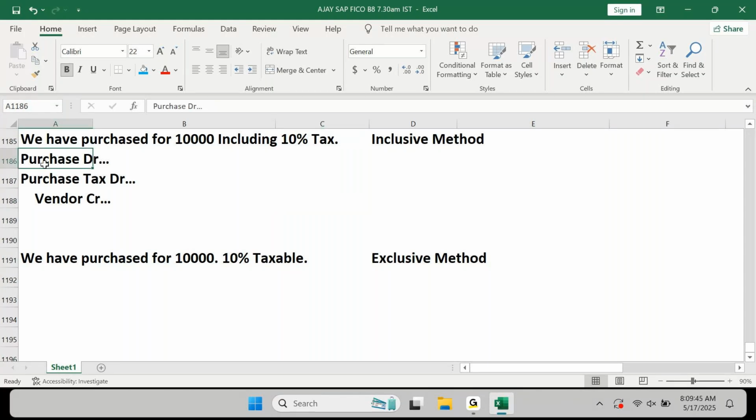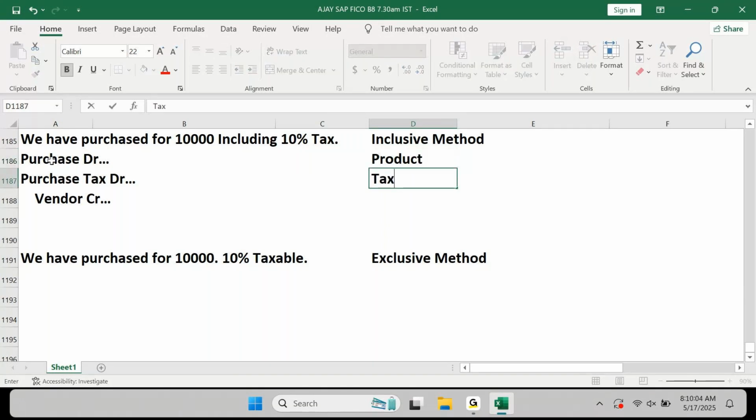Meaning this 10,000 is the value of the product? No. Purchase is where you write the product value. Here it is the tax. Here it is the total. Agree?